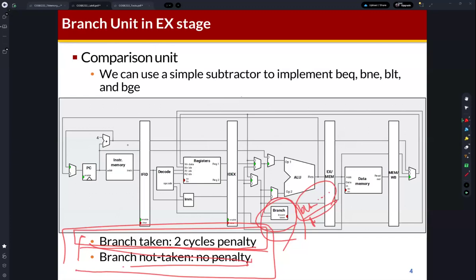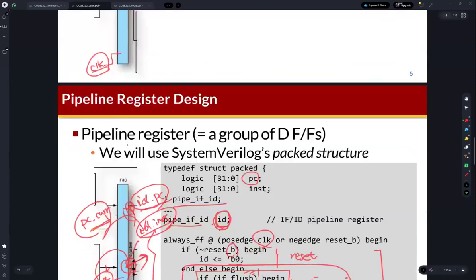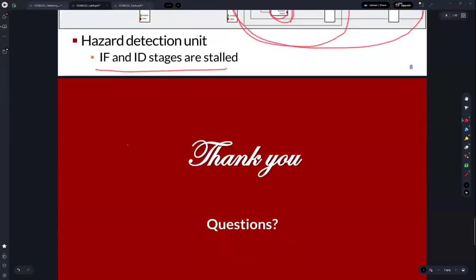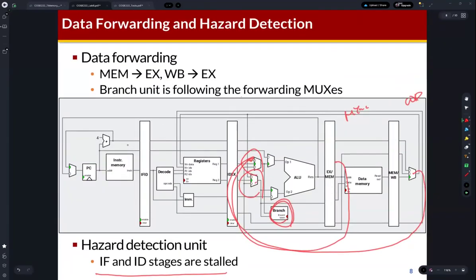So firstly, you need to detect the hazard cases, and then you need to implement the behavior, how the hazard is handled, okay? So this is the kind of tricky part in the lab assignment.